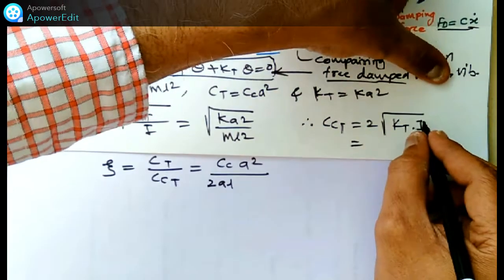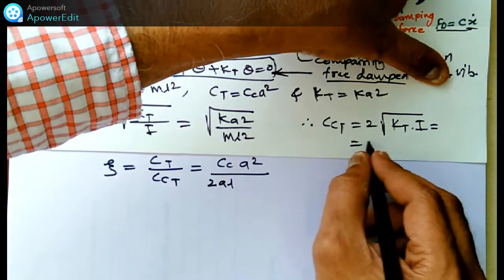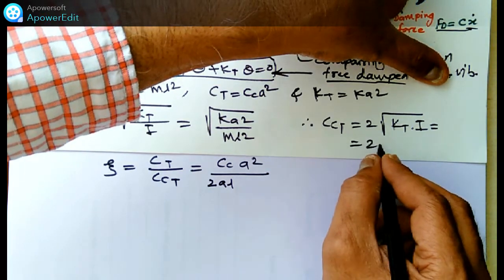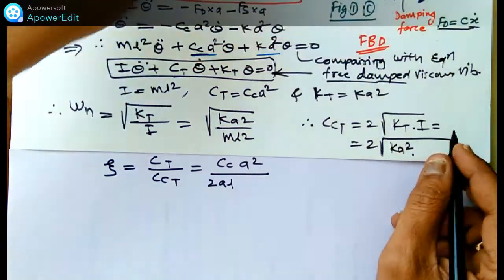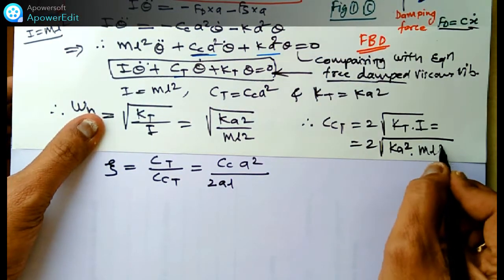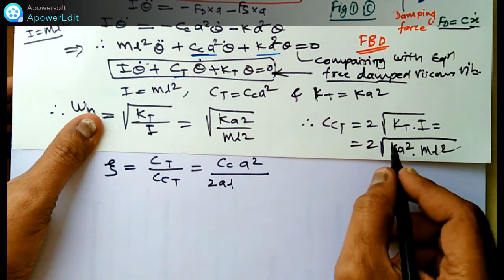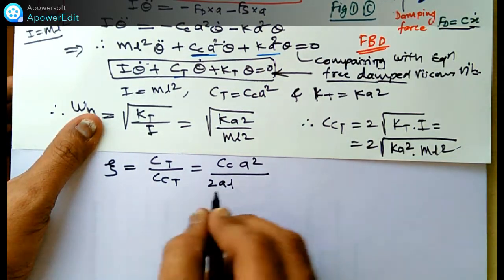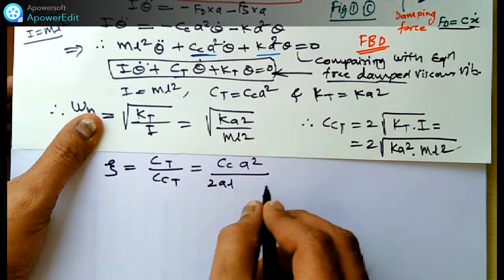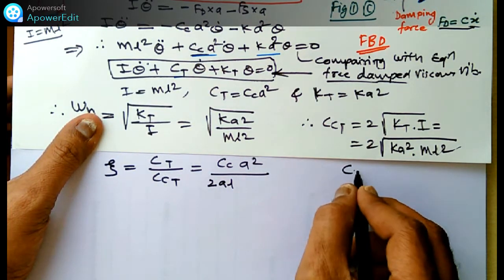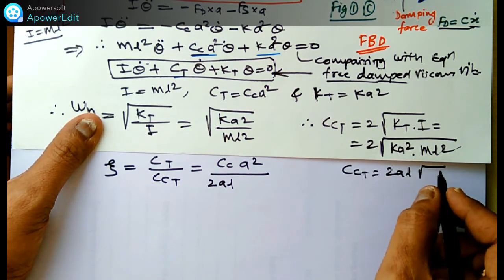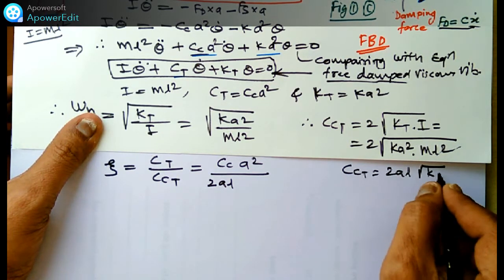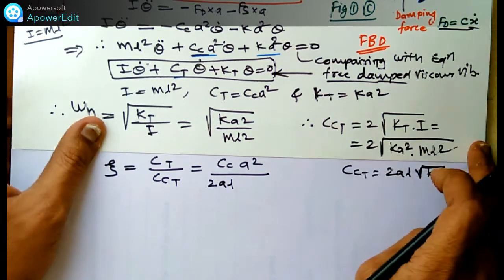Kt is Ka square into I, I is m into l square. This value of a square l square is under root, so that will come outside. So this Cct becomes 2al under root of km. This is only the remaining part here, under root of km. So this is the value of Cct, under root of km.